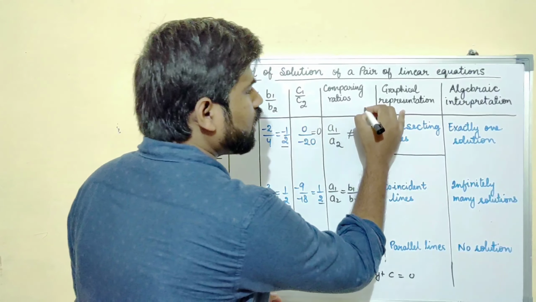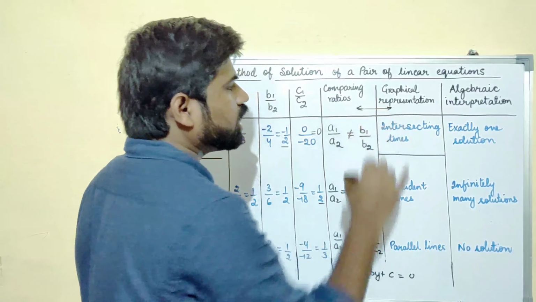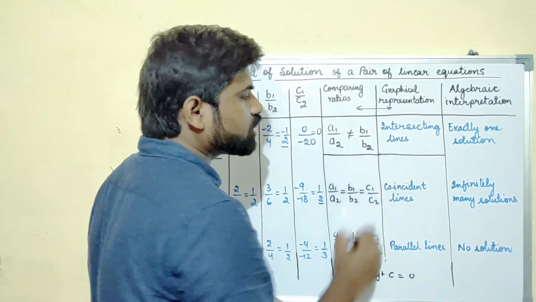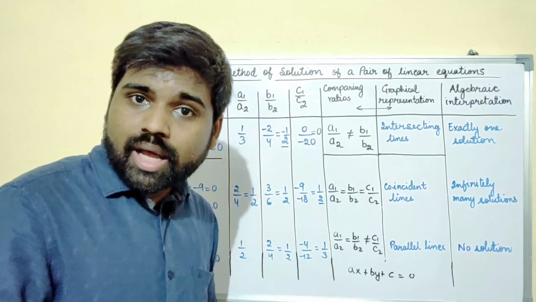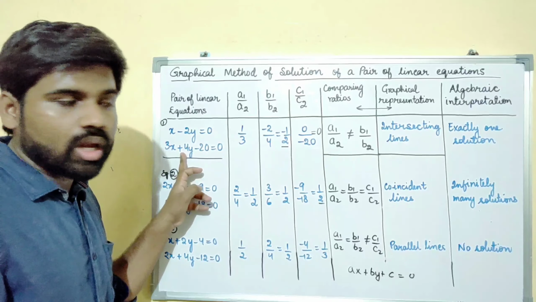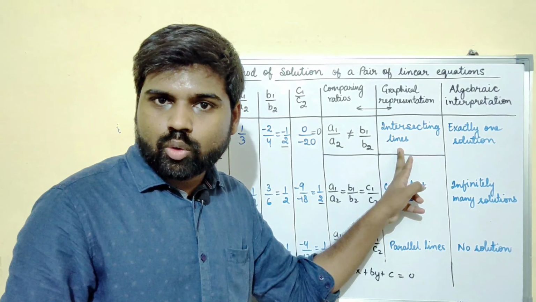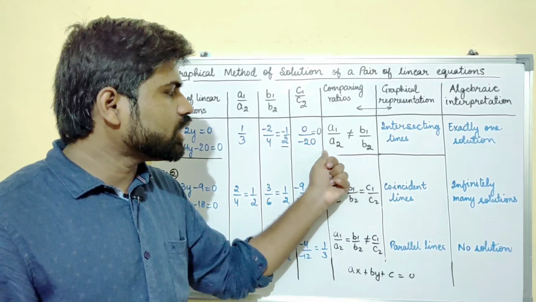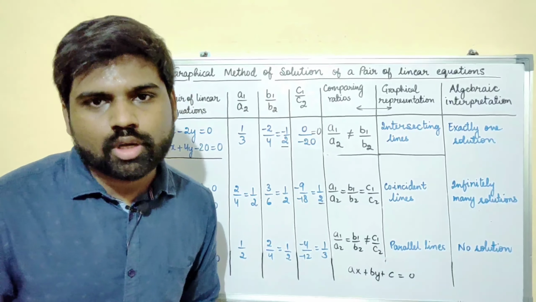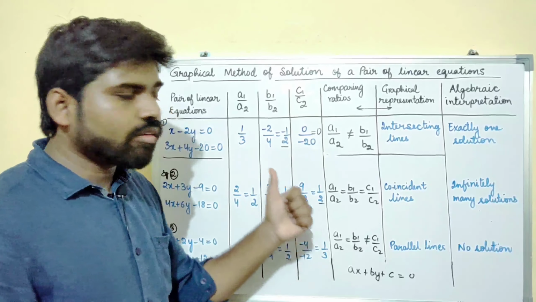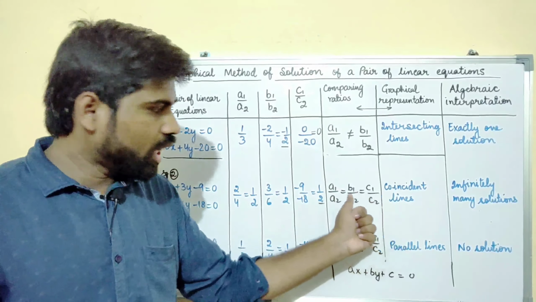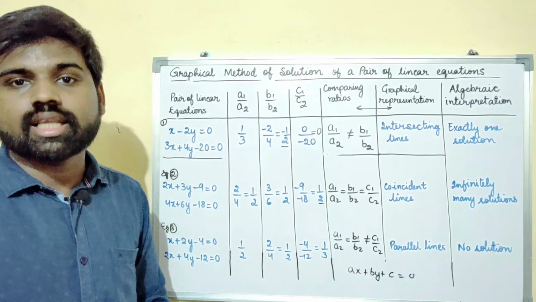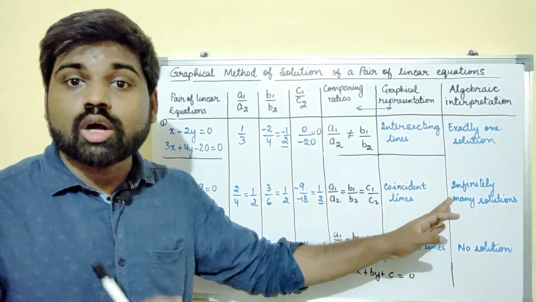Now let us make a relation between the graphical representation and the ratios. If you get the ratios as A1 upon A2 is not equal to B1 upon B2, this implies that the linear equations will be intersecting. Similarly, if A1 upon A2 is equal to B1 upon B2 is equal to C1 upon C2, then you can say that the lines are coincident without drawing the graph.